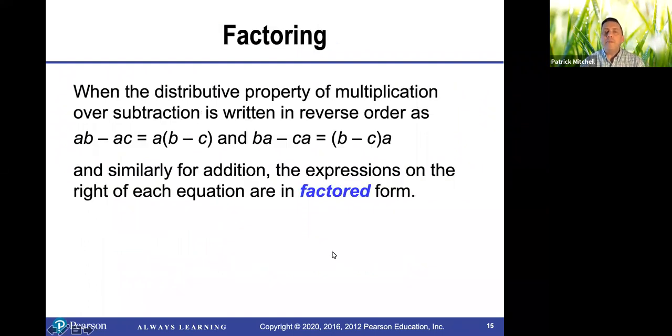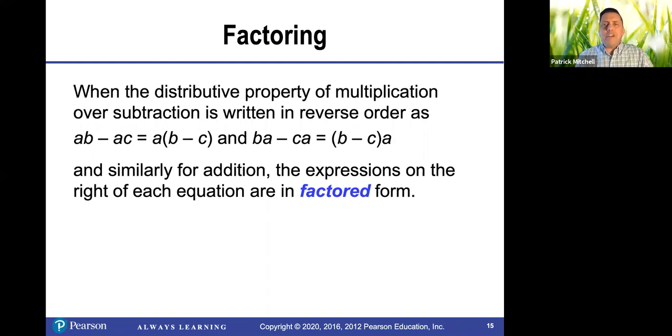When the distributive property of multiplication over subtraction is written in reverse order, as AB minus AC equals A times B minus C, and BA minus CA is equal to B minus C times A. And similarly for addition, the expressions on the right of each equation are in factored form.